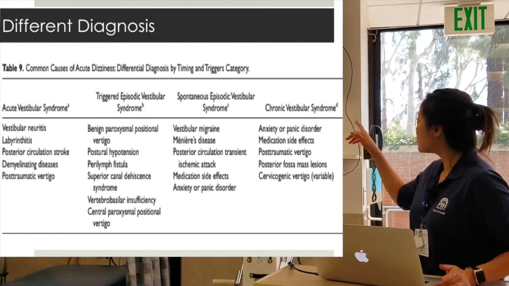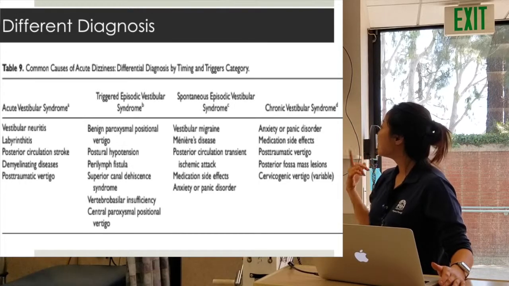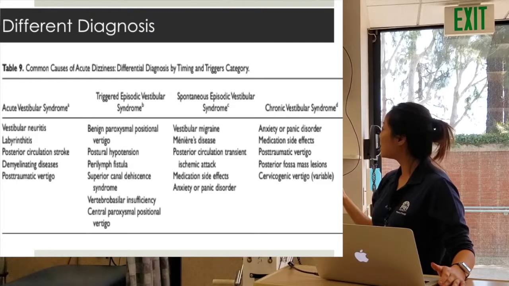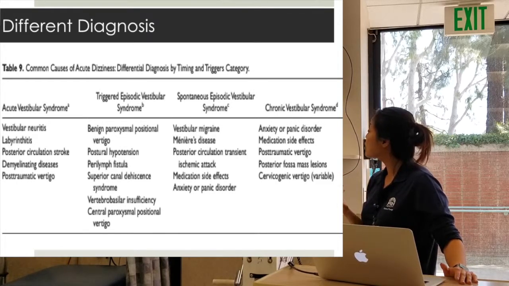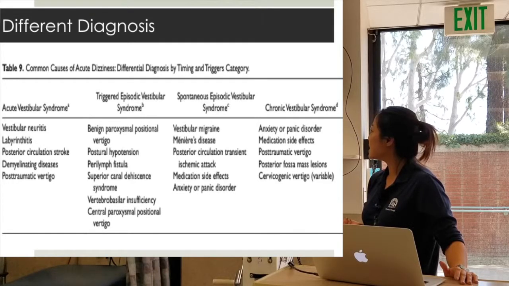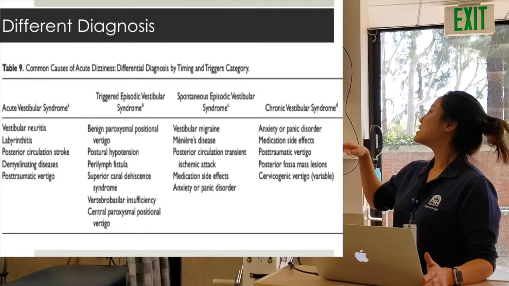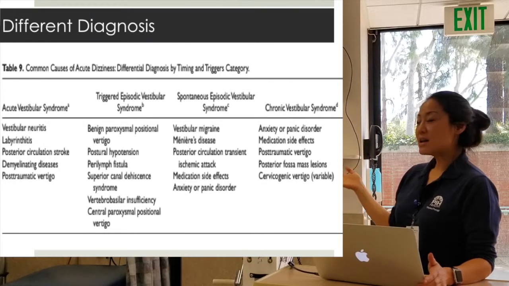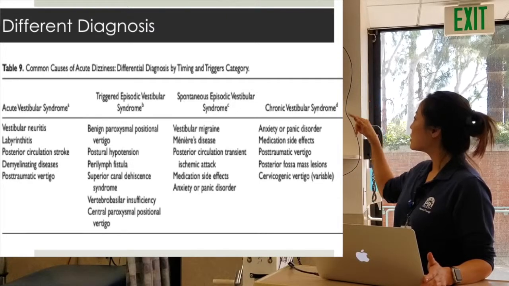If we look under the triggered episodic ones, you have BPPV, postural hypotension, perilymph fistula, superior canal dehiscence, vertebrobasilar insufficiency, and then central causes. These are helpful to tease out because if you know that it's triggered episodic, but you know also that it's not BPPV, then you can look at what else it could be.